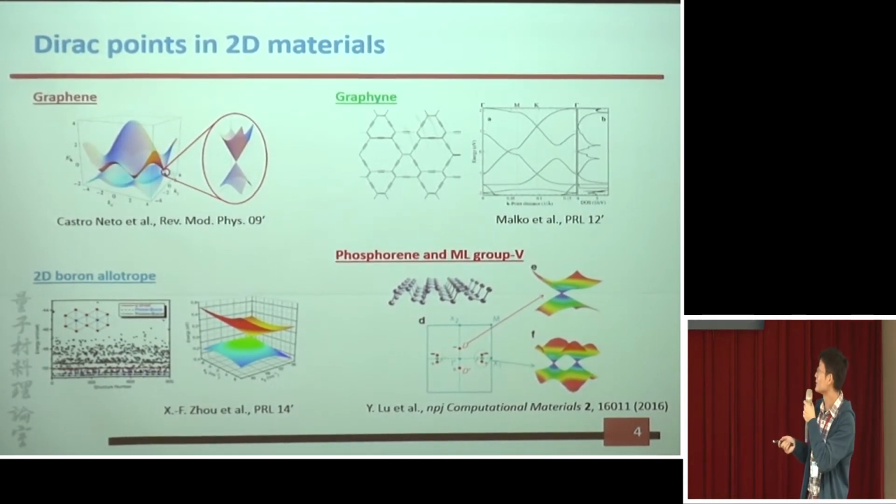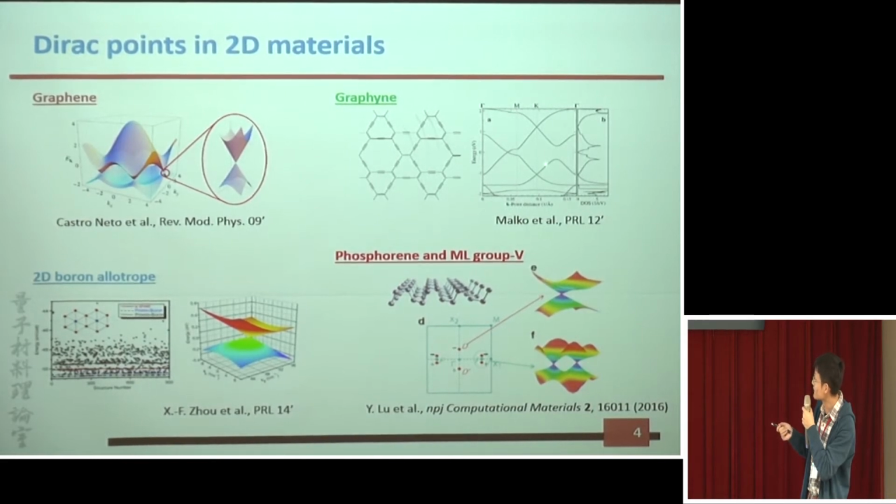Later on, many other materials were found to host such Dirac points, like some 2D boron allotropes, and also phosphorene-like structures. They all have this kind of two-dimensional Dirac cone.